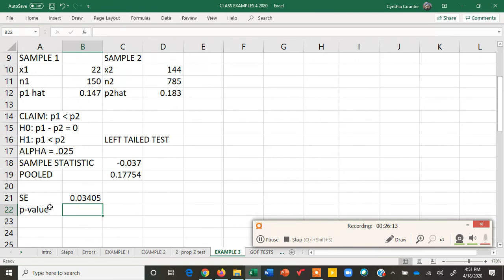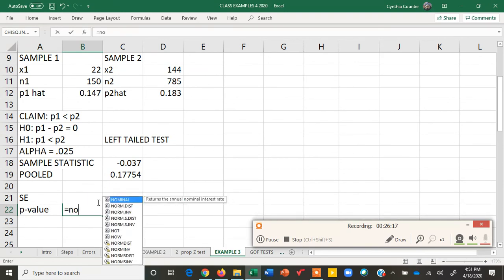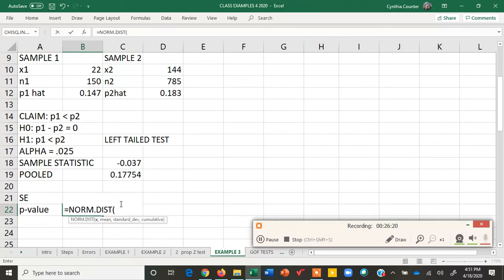We do not have to do a 1 minus. We are simply going to do a norm dist. So equals norm.dist of x is the, make sure that you don't keep that one lit. X is our sample statistic. So when you see this little x here, that always means your sample statistic.